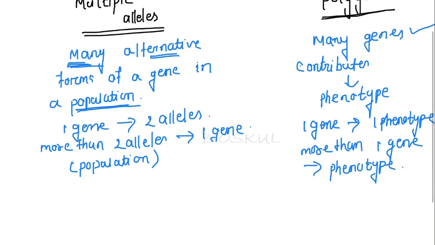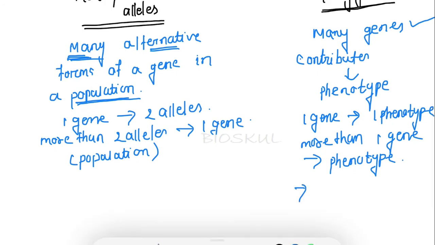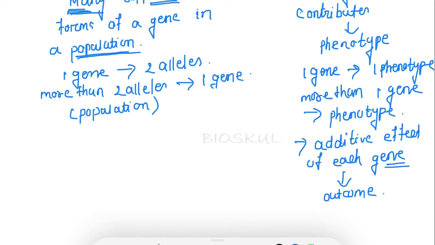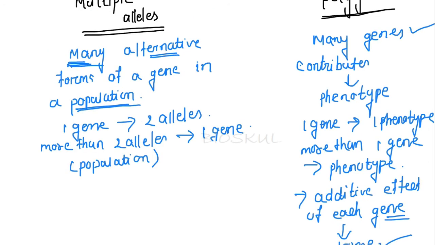And the final outcome of polygenes is the additive effect of each gene. Each gene has a small contribution in the final outcome. Hope now you have a clear idea about what multiple allele means and what polygenes are.